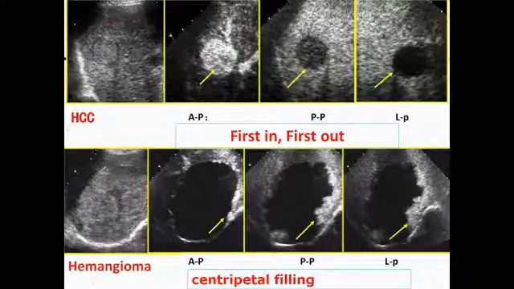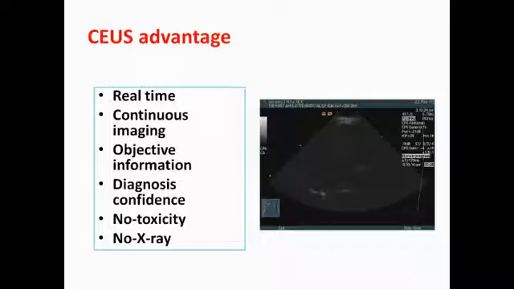So for the typical case, we can see the HCC is fast in in the arterial phase and fast out in the portal phase. And the hemangioma shows typical centripetal filling, so it's easy for doctors to diagnose.